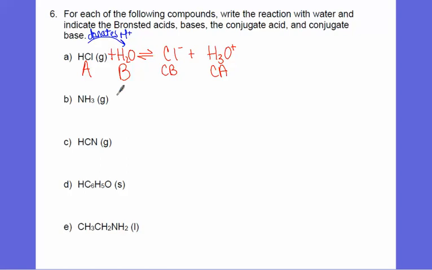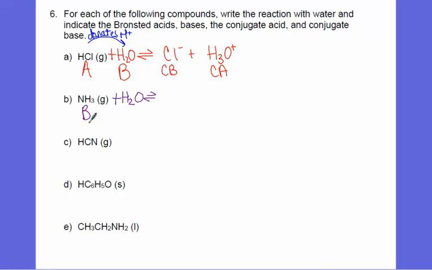So NH3, I'm going to react that with water. What do we know NH3 to be? It's a base. You should know that it's a base. Next class, you'll be given other information to help you figure out if it's acidic or basic.